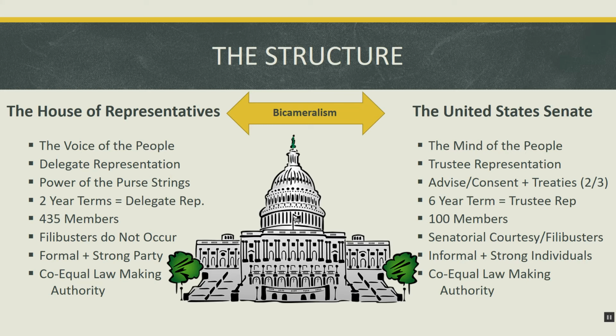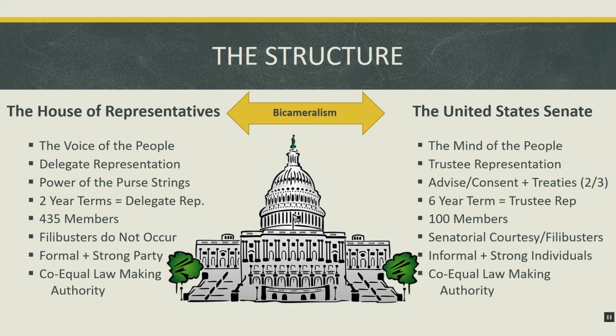The Senate was insulated from public opinion by large districts, since senators are elected not by particular districts but by entire states at large, and by long six-year terms that are staggered, as opposed to the simultaneous elections of the House of Representatives. These steps were taken to insulate them from public opinion so that they could serve as what we sometimes call trustees and provide us with what we sometimes call trustee representation.